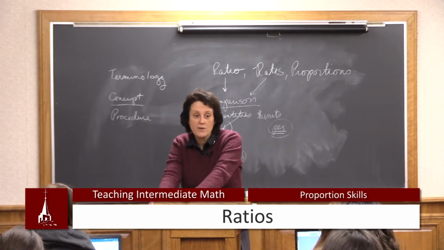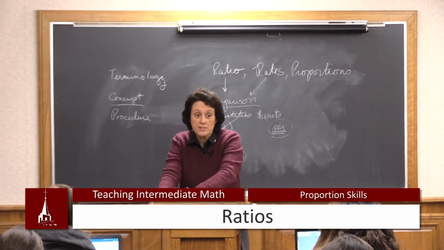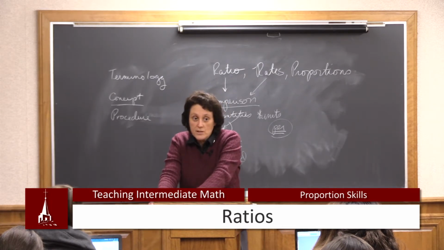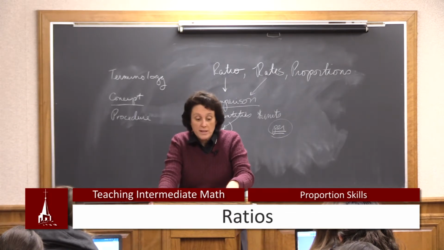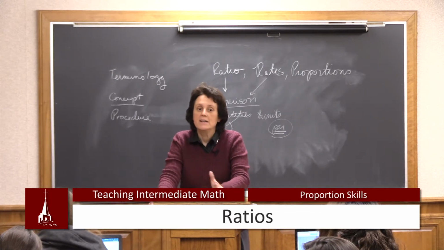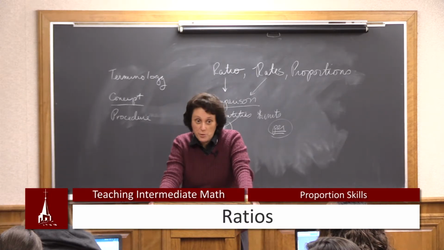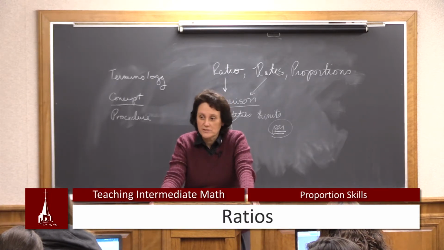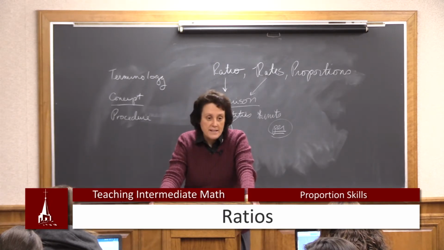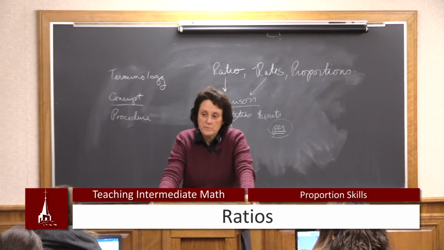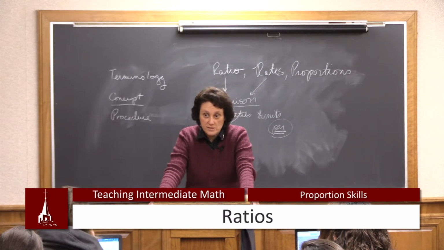In that class, there are 3 girls and 5 boys, so my ratio would be 5 to 3 in that order. So with a ratio, it is a numerical comparison only, but it has to be a consistent comparison. I can't flip around the numbers and actually write girls to boys when I meant boys to girls. So it is a numerical comparison only, and it is written in lowest terms, reminiscent of and tethered to fractions.